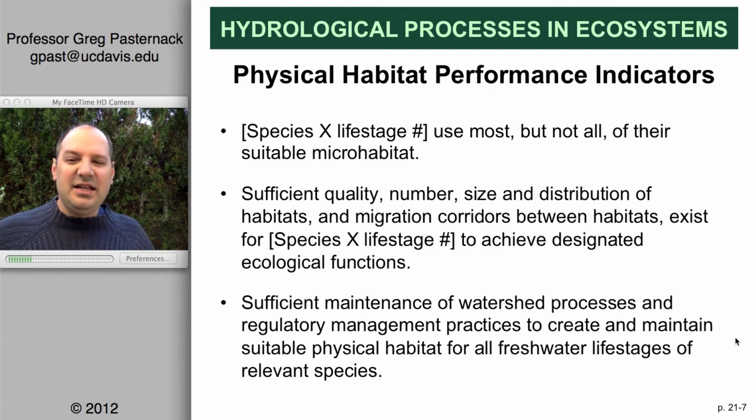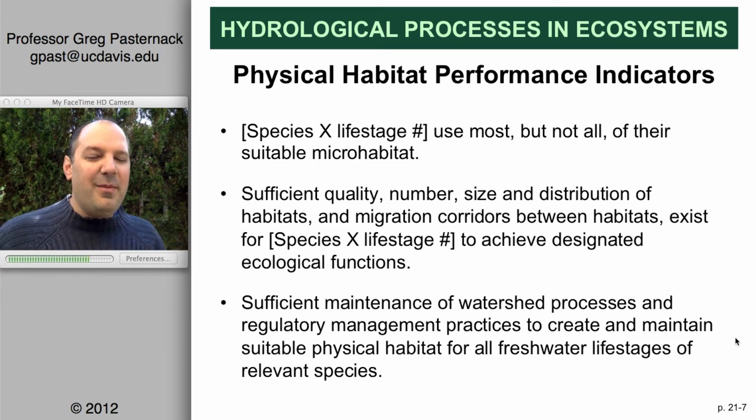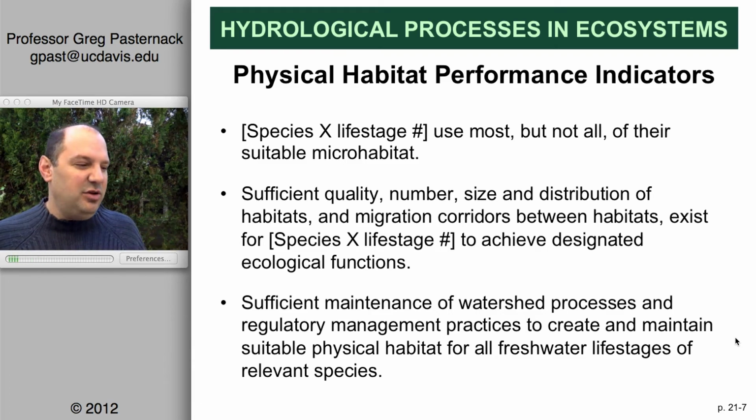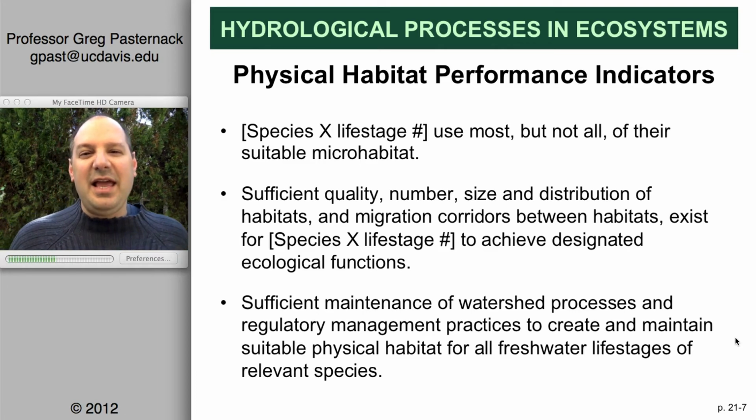So this is a little bit of an everything-but-the-kitchen-sink sort of thing, where you're saying the system itself needs to be physically, chemically doing what it needs to do. You can't just look at the population to see that those mechanisms are in place. You really have to get at those physical processes directly.